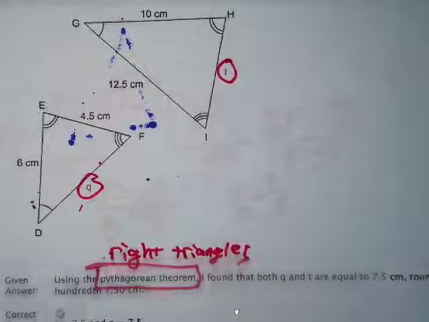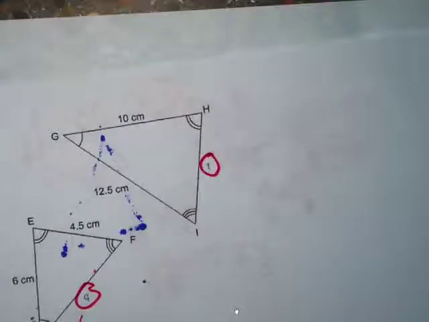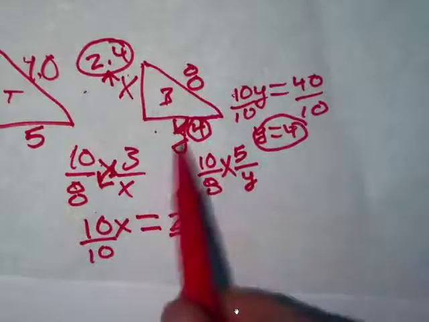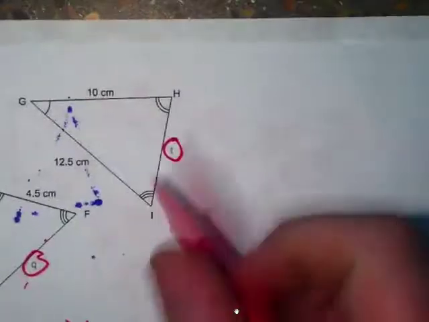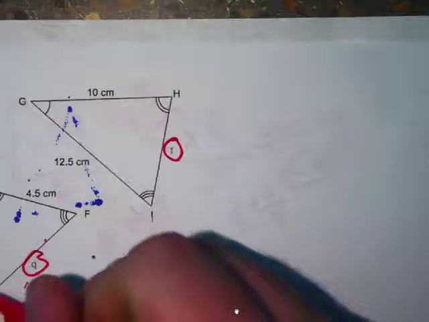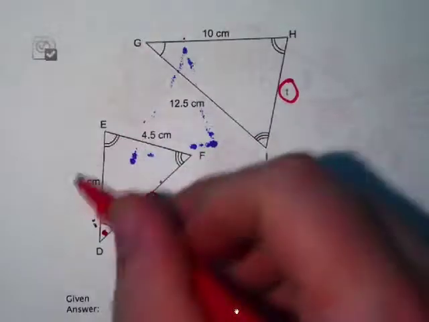Well, just like what I was doing on the back of that other paper, I don't know where I put the paper right then. Oh, here we are. Just because I have two variables doesn't mean I can't solve that. We have from angle 1 to angle 2 is 6.